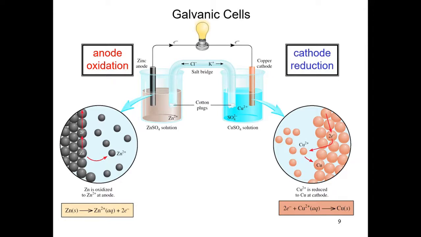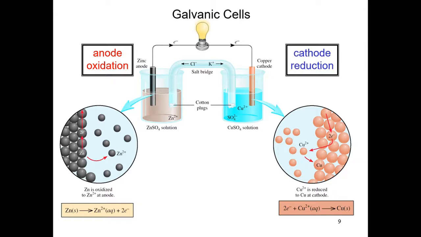Don't forget that as zinc ions are being produced in the anode, they could offset the balance of that solution, which is why the salt bridge provides some negatively charged ions to neutralize the zinc ions being produced.